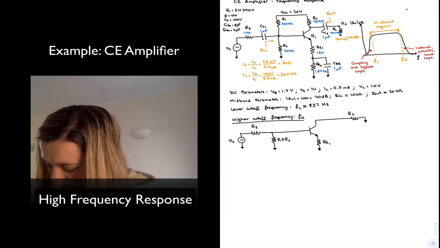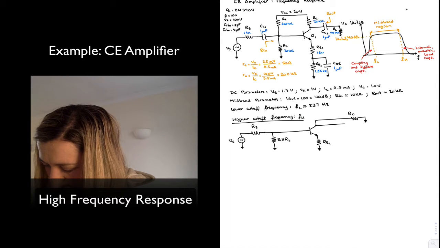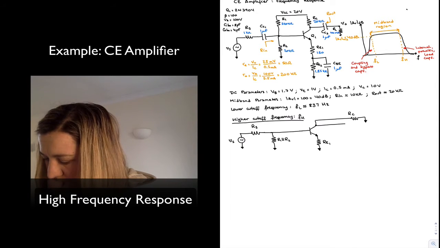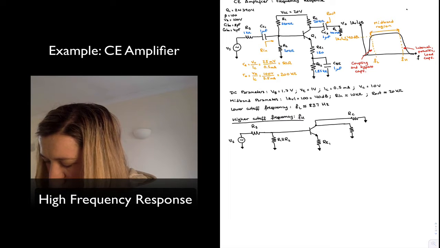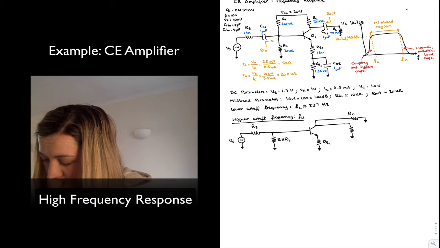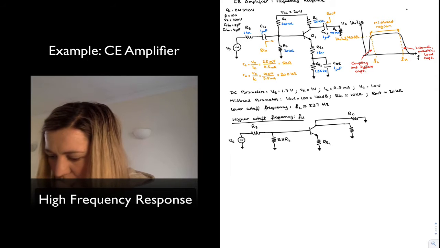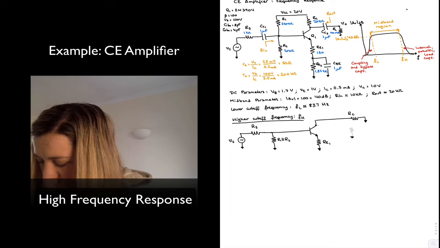And then my output is taken here, and since we've added a large load resistor, I'm going to go ahead and include it here. I may as well just connect both of those in parallel, so let me do that, maybe more clear.